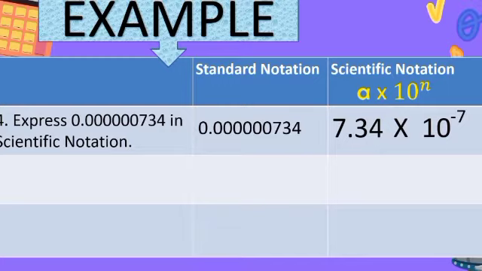Ganun pa rin, i-count nyo yung movement ng decimal, i-identify nyo lang kung ito ba ay magiging positive or negative. Again, positive kapag large numbers ang ating standard notation. Kapag naman small number ang ating standard notation or 0 below, ay negative ang ating exponent.